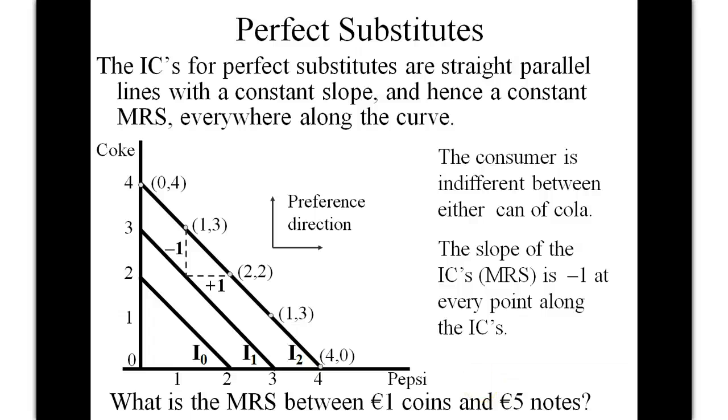So in this instance, the marginal rate of substitution will be -5. They'll be willing to get 1 €5 note for 5 €1 coins. So it doesn't necessarily have to be a one-for-one swap. So the marginal rate of substitution between the coins and the notes would again be constant. But the slope in this instance would be -5 rather than -1.